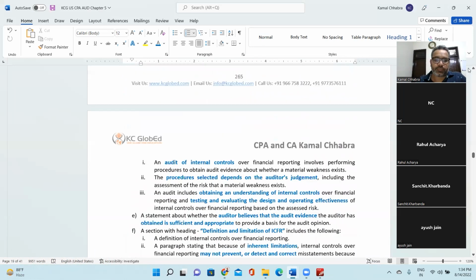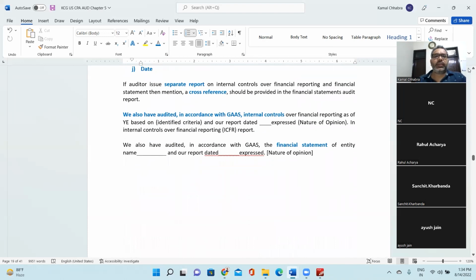Right? So here 3 things you need to be mindful. First, if the auditor issues separate reports, like we were discussing just before, if you are issuing 1 report on financial statement and 1 report on internal control over the financial reporting, then the financial statement report mentions the cross reference to the internal control report, and the internal control report gives reference to the financial statement report. That means you need to add 1 cross reference line in both the reports, that for control purpose look at this report, for financial statement purpose look at this report.